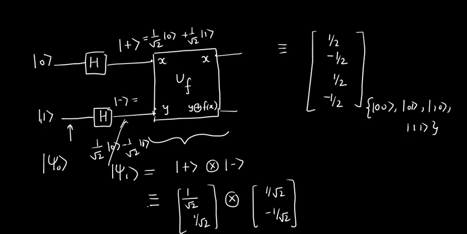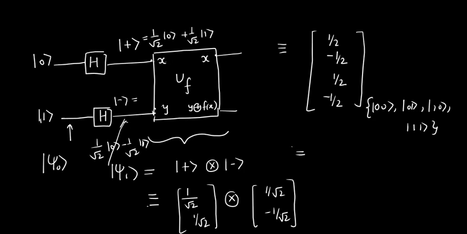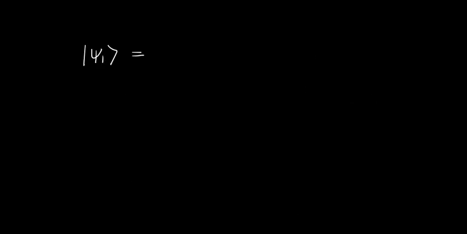So how can you write now your phi 1? Now you can simply see this and easily write that our phi 1, the input to this Uf unitary operator, will be this.